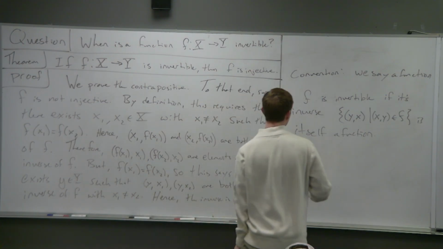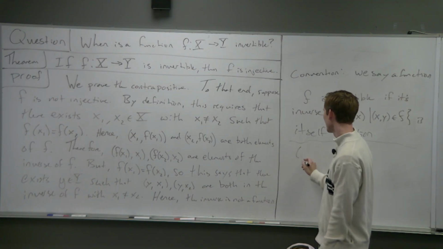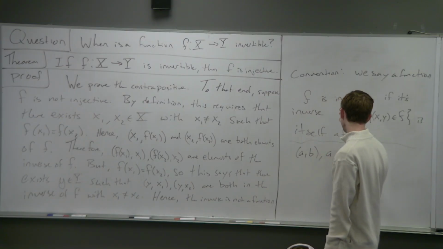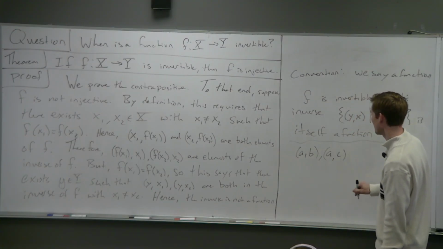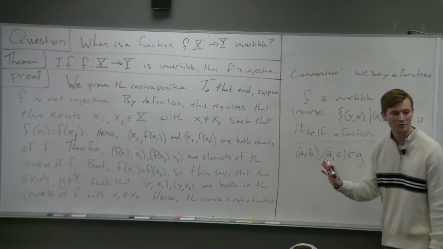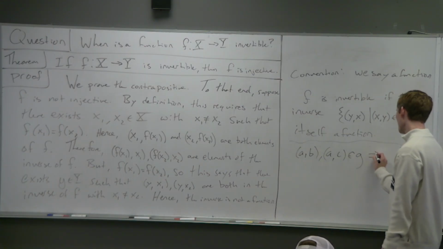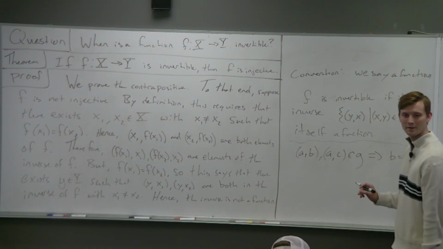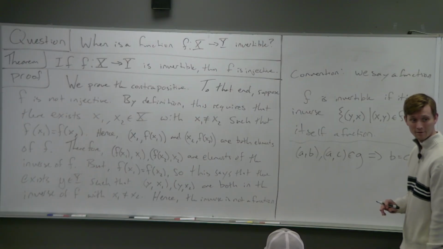After all, the condition to be a function, remember, is that if AB and AC are in, I don't want to use F again, but I will. I'll say in G, if G is a function, right? Then this must imply that B is equal to C. That's part of the definition of a function, right?